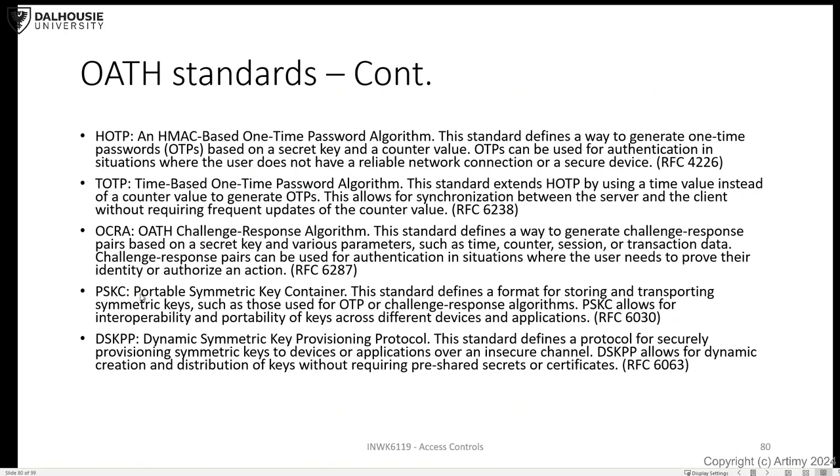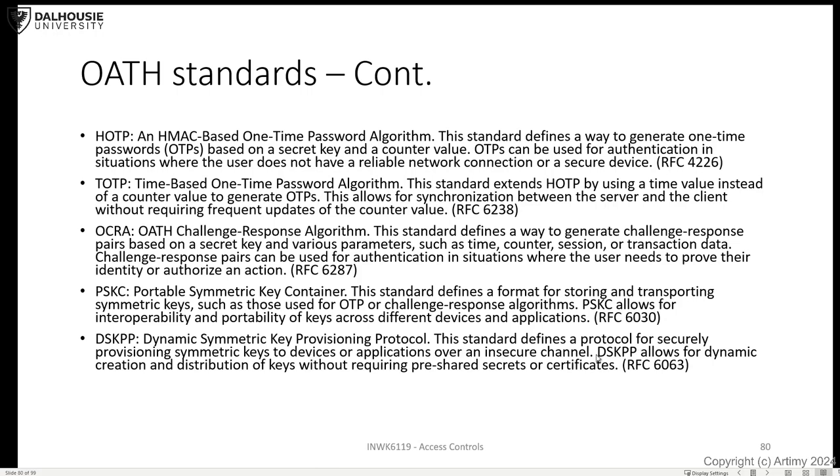And then we have something called the portable symmetric key container. It defines a format for storing and transporting symmetric keys, such as those used for OTP or challenge response algorithms. So this one is part of these three, or these three can use this one. Finally, the dynamic symmetric key provisioning protocol.